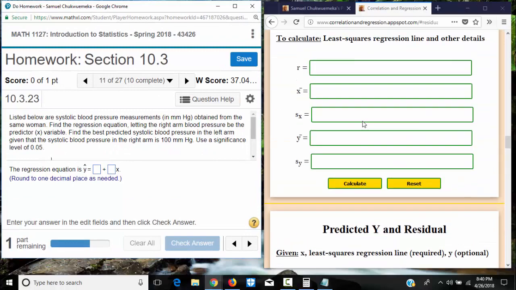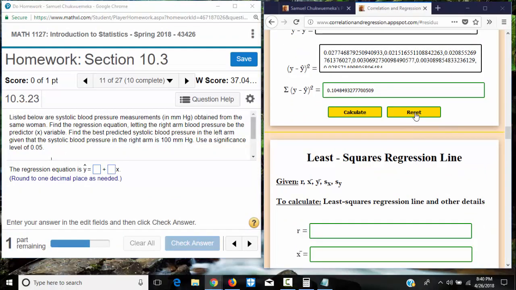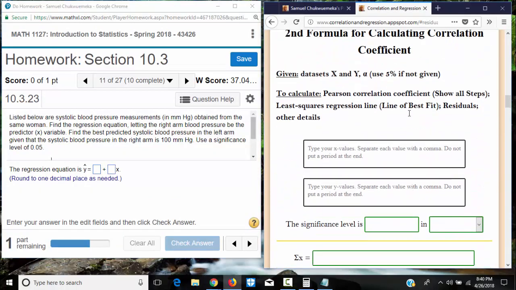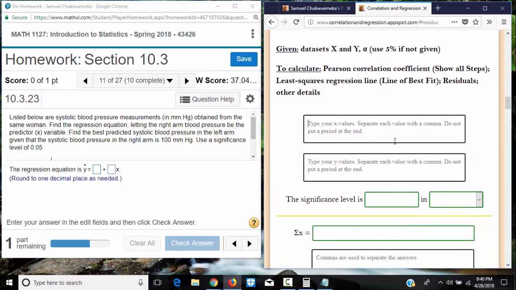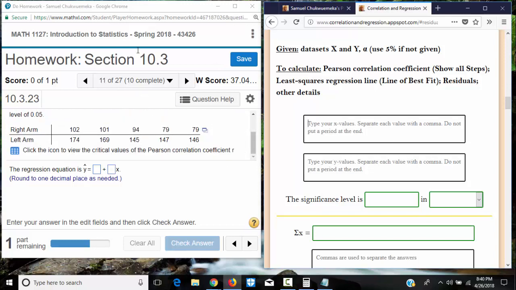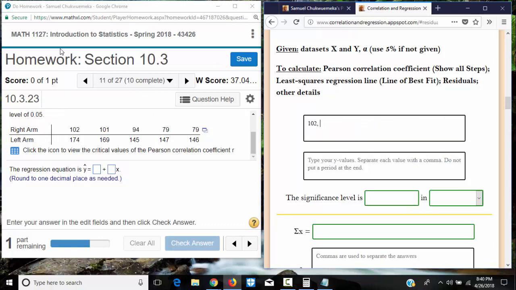So, I'm going to reset this. Let's use the second formula here. That's fine. Let's get the data. X is the right arm, Y is the left arm. For X it is 102, 101, 94, 79, 79.